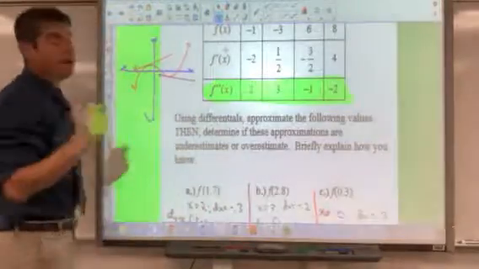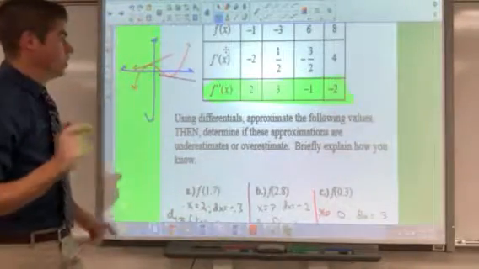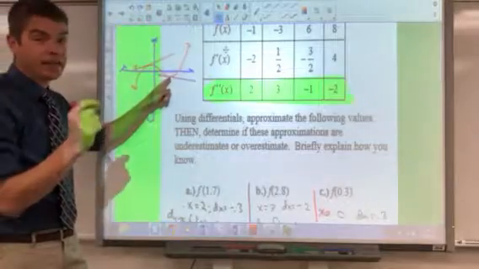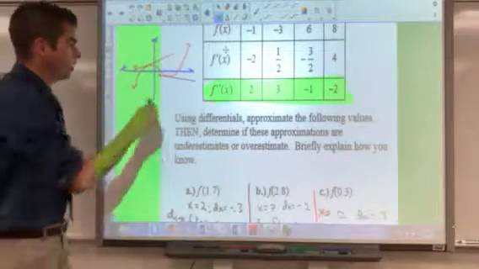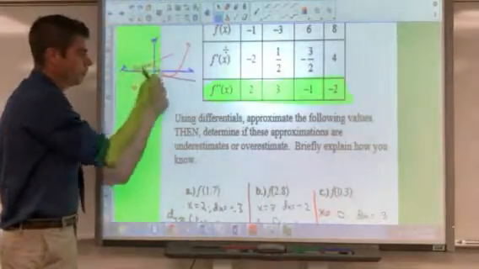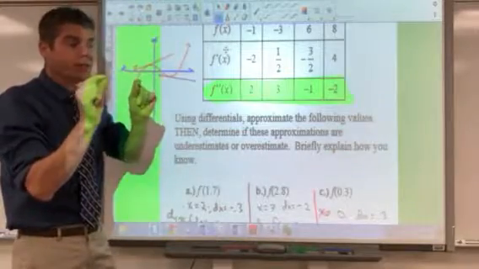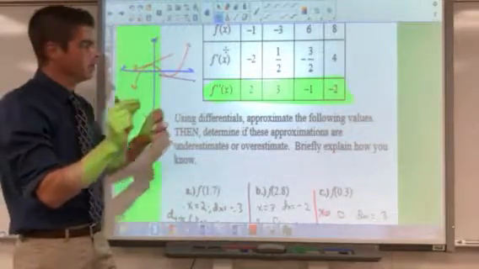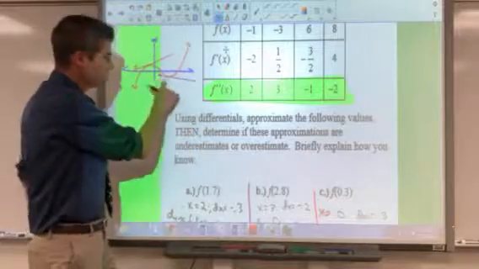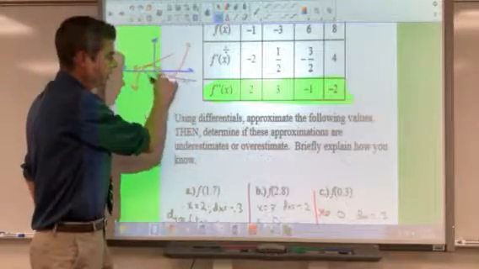If you look at that tangent line, we know that the point of tangency and the function are identical at that point. But as you start to move away, your approximation becomes a little bit farther from the actual curve.